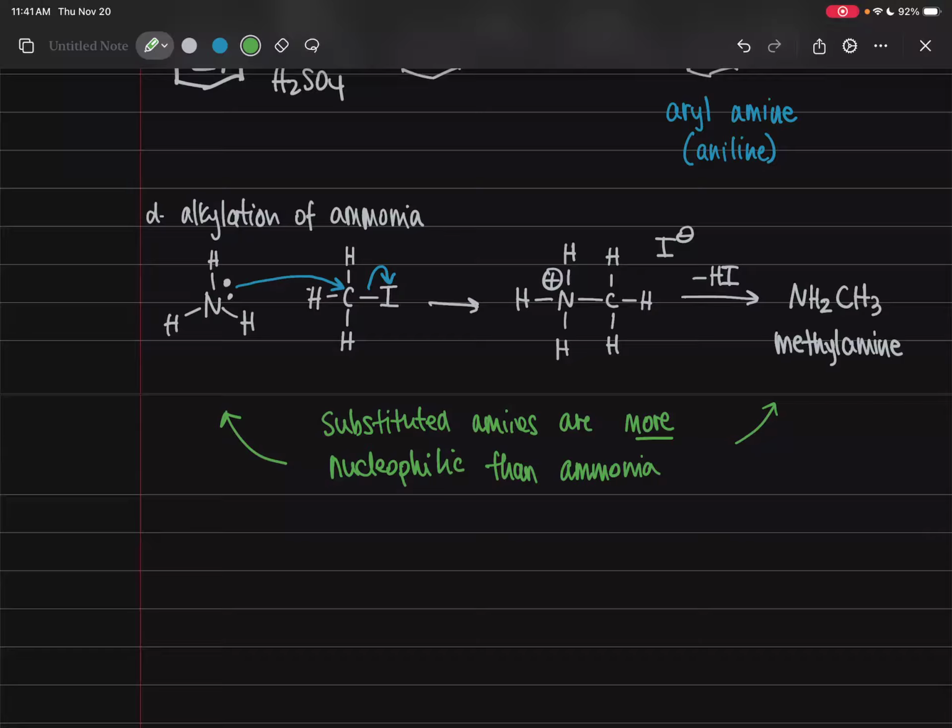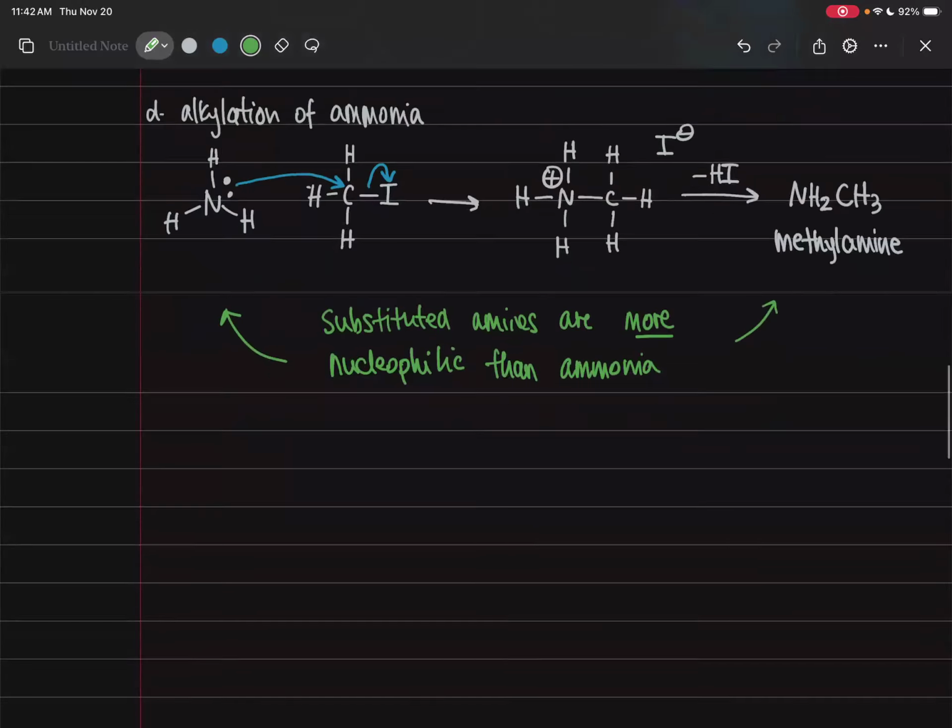So why is that a problem? Well, in the beginning, we're using NH3, ammonia, as a nucleophile to react with methyl iodide. And what we generate at the end of that reaction is a better nucleophile which is now going to go back, find any methyl iodide that's still around, and react with that before another molecule of ammonia can get to it.